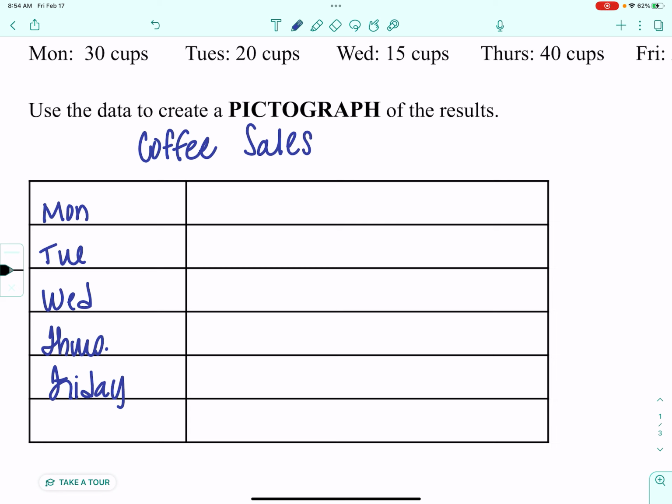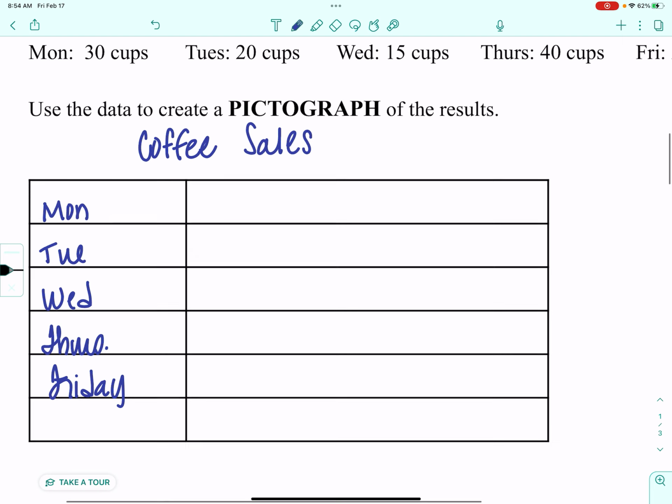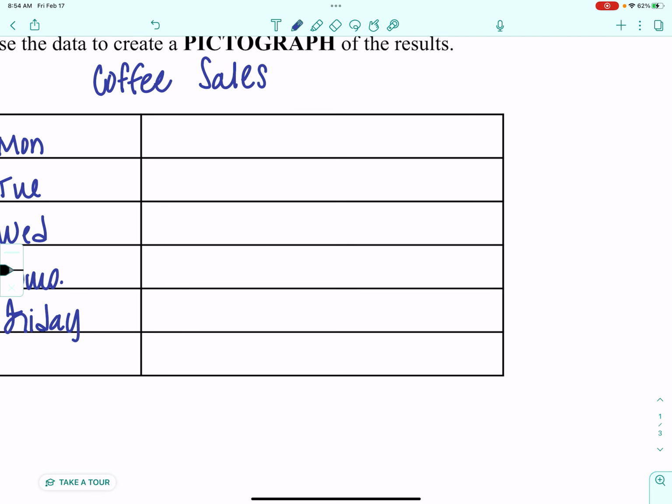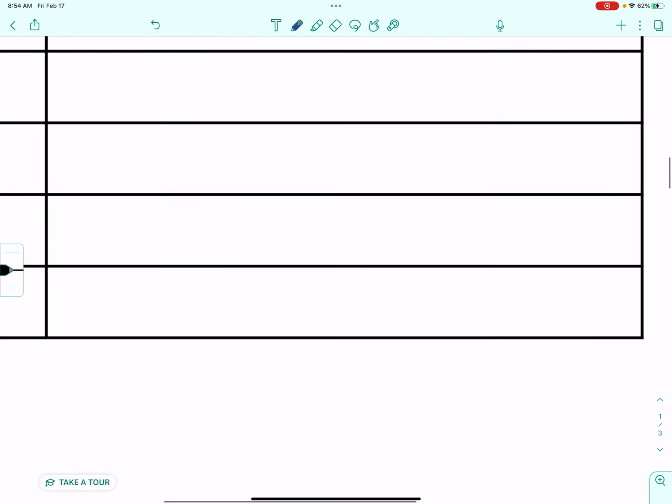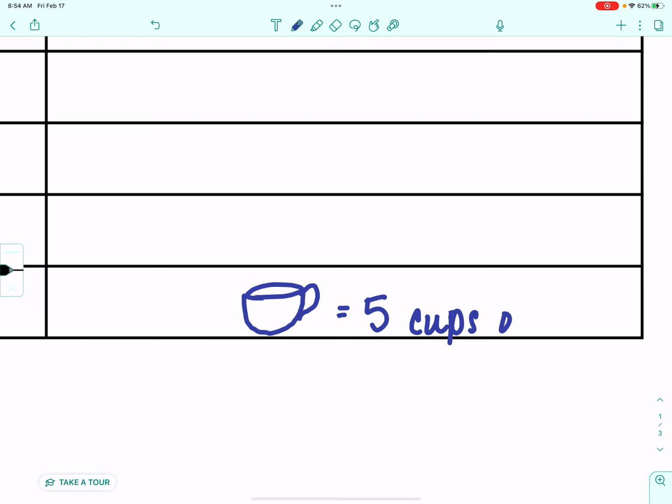So this time, instead of using 1 cup per visit, I'm going to make it so that 1 little coffee cup is equal to 5 cups of coffee. Could you make it 10 cups? Absolutely.